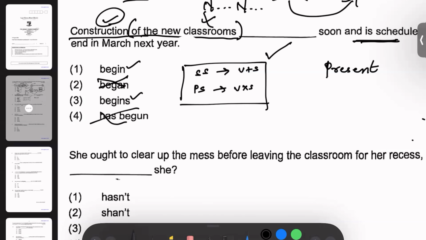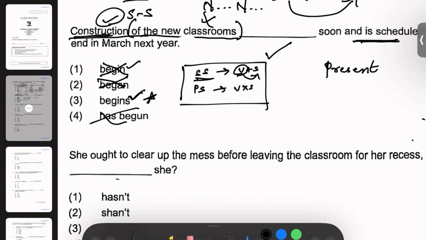Now, here the subject is singular, that is construction, and thereby for a singular subject the verb will be added with a S. So this begin is getting eliminated and begins is getting clicked. So let's mark the right answer. That's how you will also identify the right answer for subject verb agreement based questions.